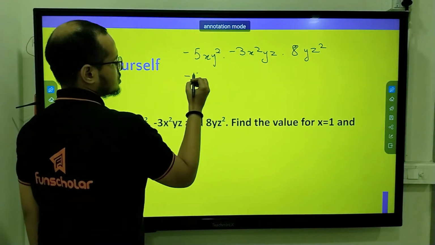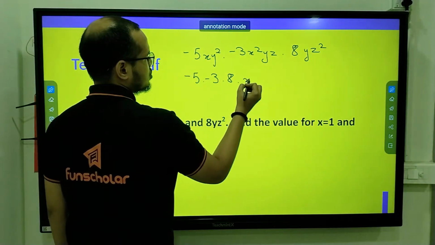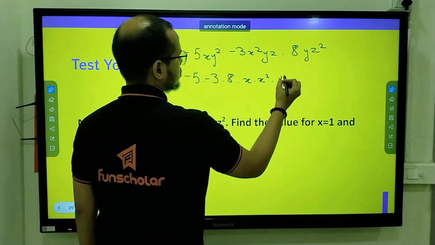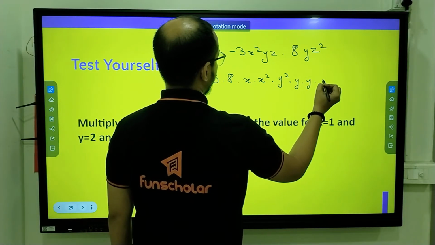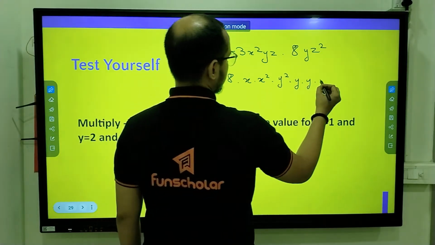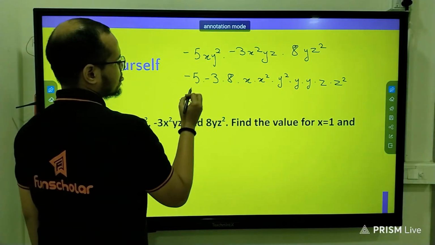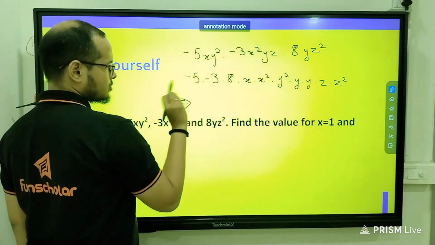Okay, so I'm doing one more extra step for you to understand. Into x² into y² into y into z². Okay, so we are getting 8 3s are 24, minus minus will become plus.